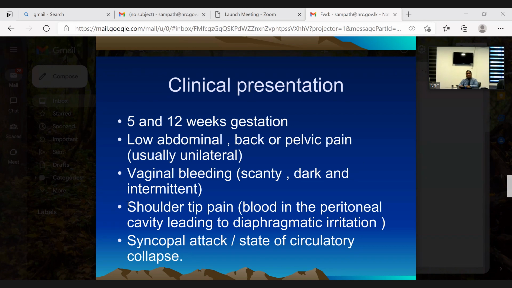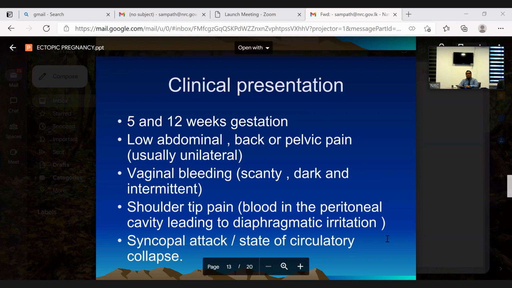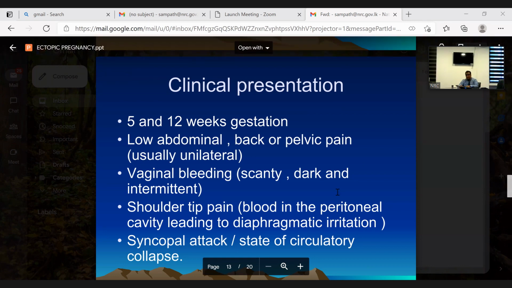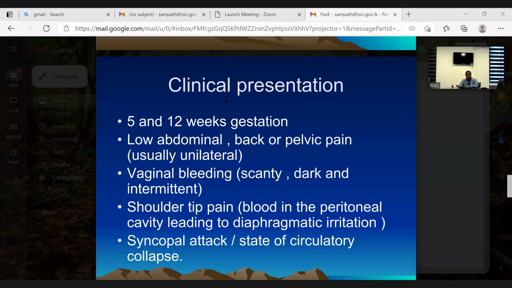And then she comes with this syncopal state of collapse. Then he will be a bloody hero, putting in an IV line, doing a big mini laparotomy. It is not accepted for a good doctor. A good doctor will find it at an early level, looking at the risk factors and etiological factors which I have mentioned, right?